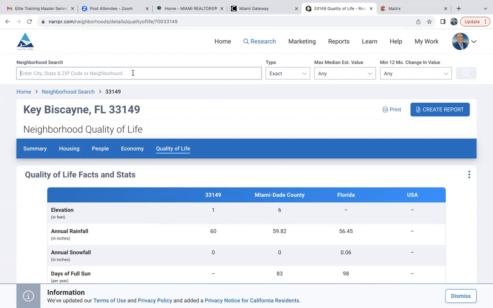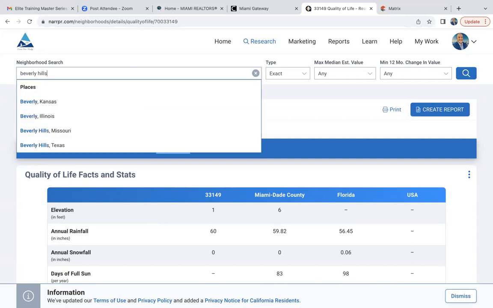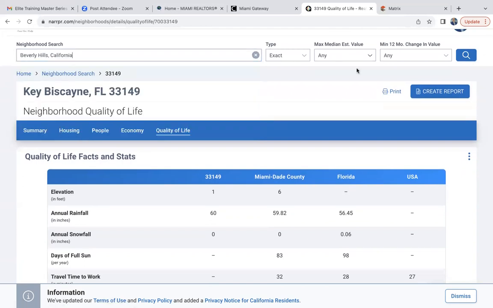And let's say you wanted to do a different area in the US. Let's say I wanted to go to Beverly Hills. We're just going to put it over here. All right, Beverly Hills, California, and we're going to click here.